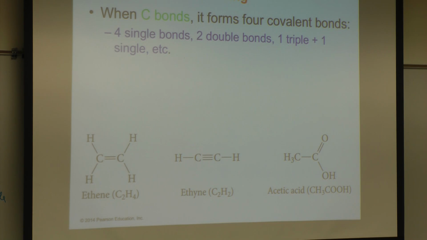You can pass it around. I'll make another one. So ethene, right? So there is a double bond. So it's C2H4, and then you can also have a triple bond. So I'll make another one like that.